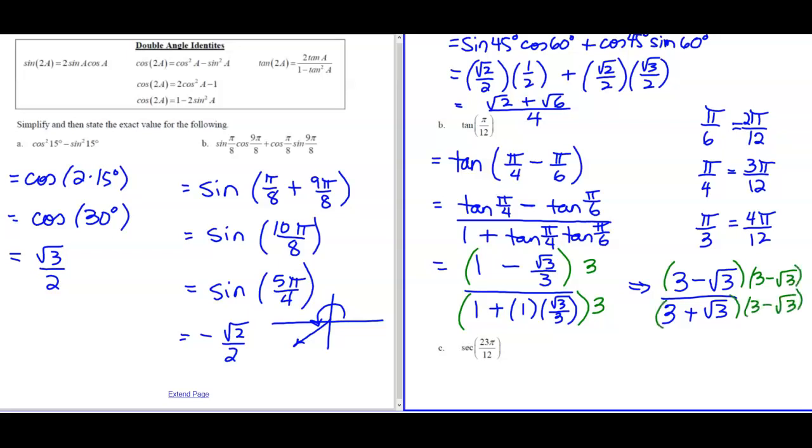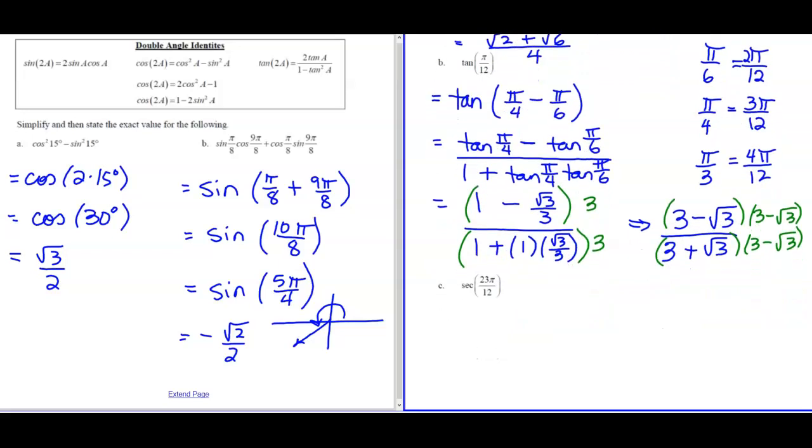Need a little more space on this one. So that's going to be 9 minus 6 root 3 plus 3 over 9 minus 3.